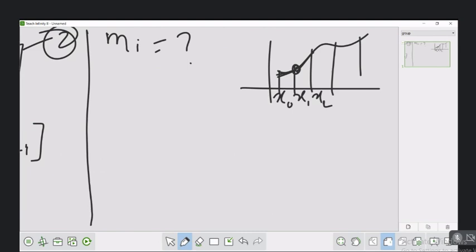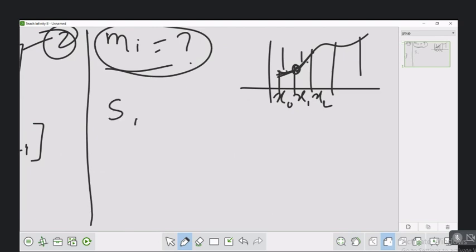And at knots, the two splines must give the same value. I mean, the whole spline should be continuous. The adjacent splines have to be equal at the knot value. So this is the condition to calculate mi.